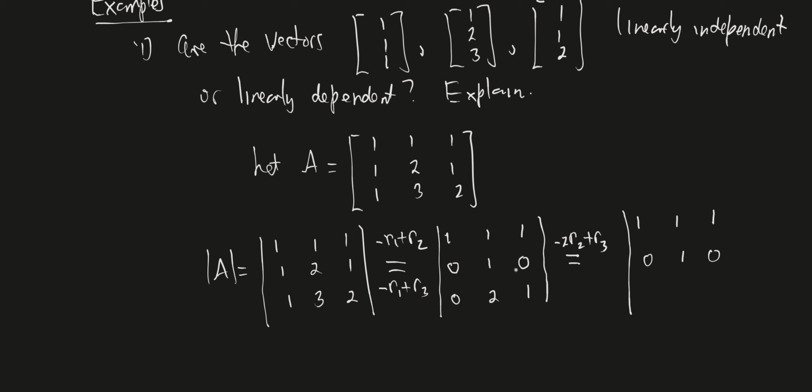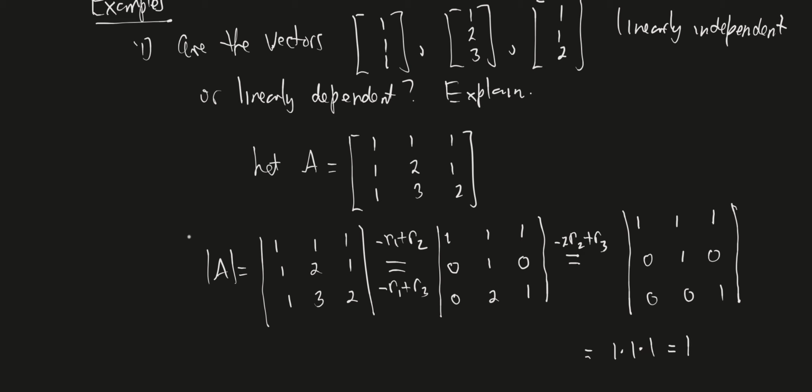And now when I multiply the second row by negative 2 and add it to the third row, I'll have 0, 0, 1. Here we go. I have an unbalanced thing here, one vertical bar and one square bracket, so let's fix that. Now that we have a triangular determinant, we can find that determinant by multiplying the elements on the main diagonal. So 1 times 1 times 1 is equal to 1.